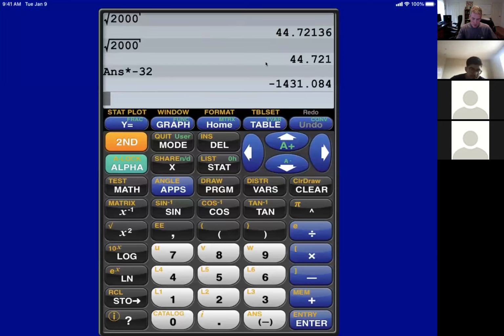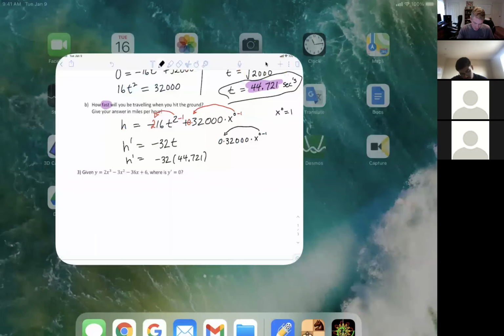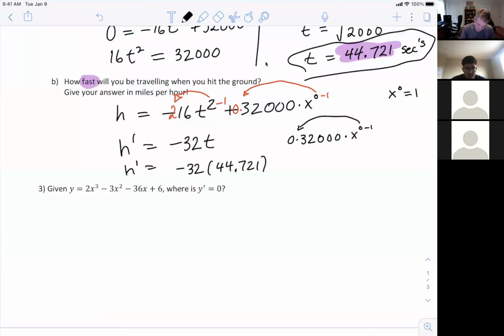And it's 1431.084. And then the negative means that the person is going down. So it equals negative 1431.084.